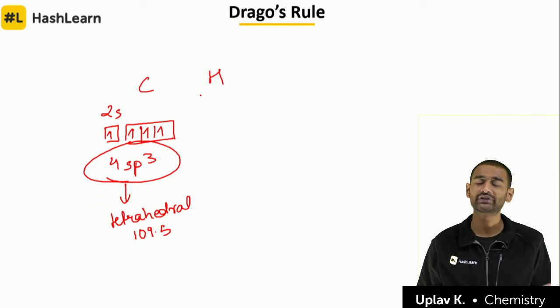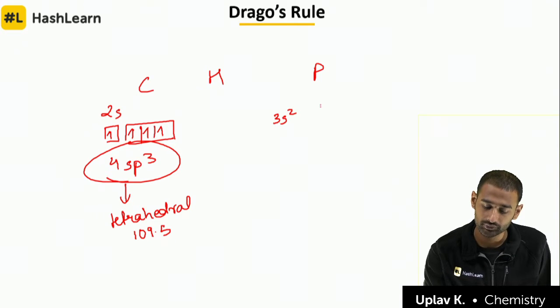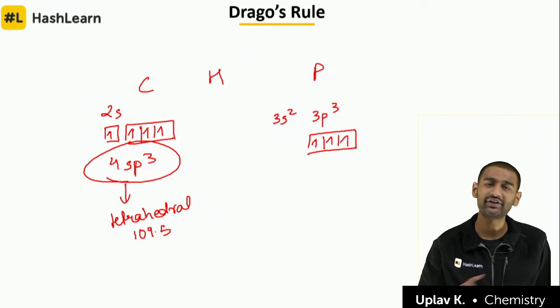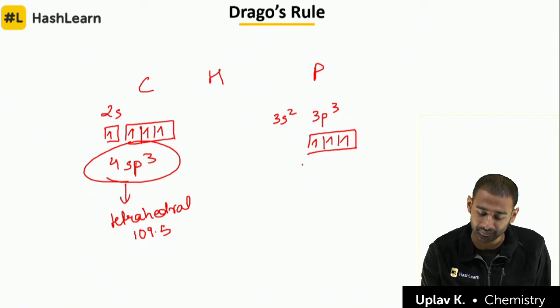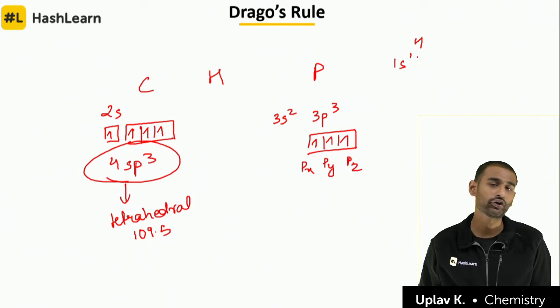But if I am talking about something like PH3, in PH3 there is no hybridization happening. Because there is no hybridization, what is the valence shell of P? It is 3s2 and 3p3. So can I say that the px, the py and the pz will simply make bonds with the 1s of H? This is what is going to happen because we are assuming that there will be no hybridization.